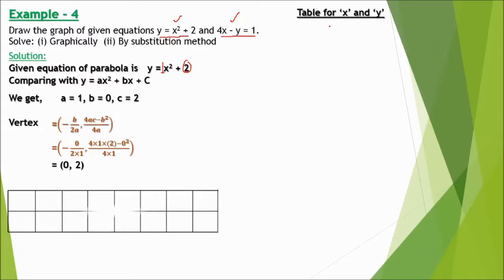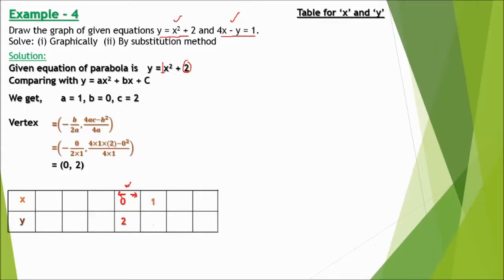Now the table is right here. x here and y here. The vertex will be in the middle column, 0 and 2. On the right hand side the values are greater than 0 and on the left hand side the values are lesser than 0.